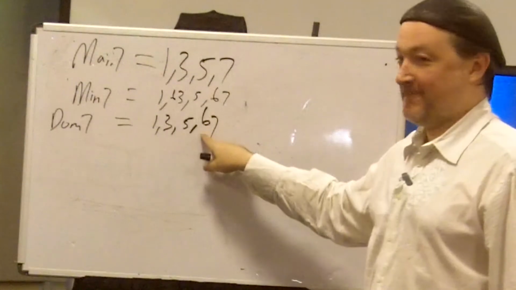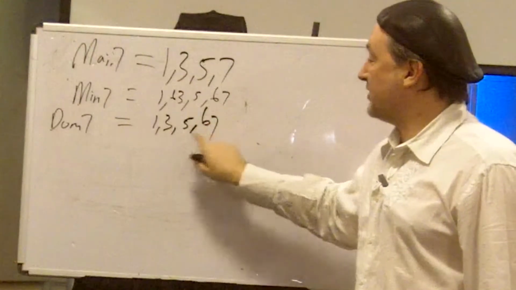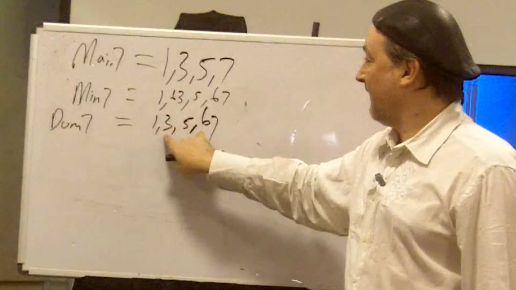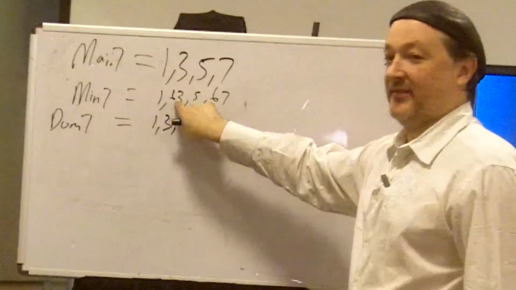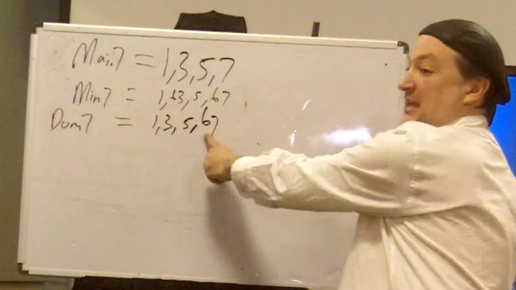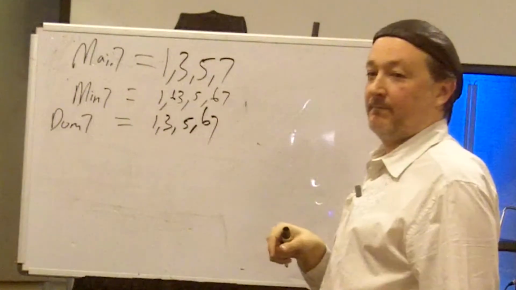This is the kicker. Okay? It's got a major 3rd and a minor 7th. So when someone says, play a minor 7th chord, you're doing this. That has a minor 7th in it, but this is not a minor 7th chord. This is a dominant chord.